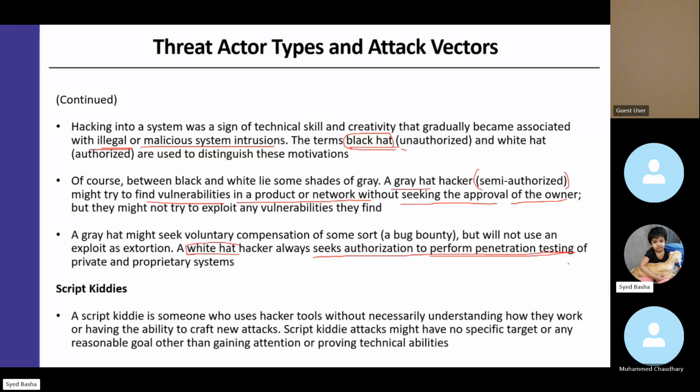As I said earlier, script kiddies are people who use tools without necessarily understanding them.